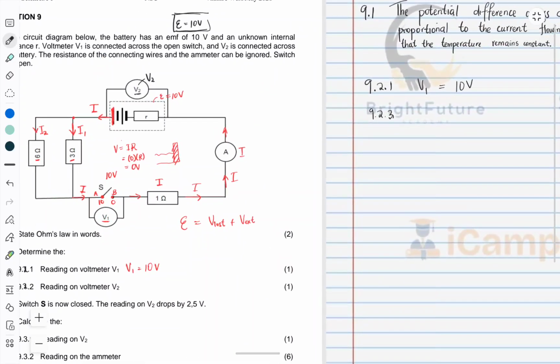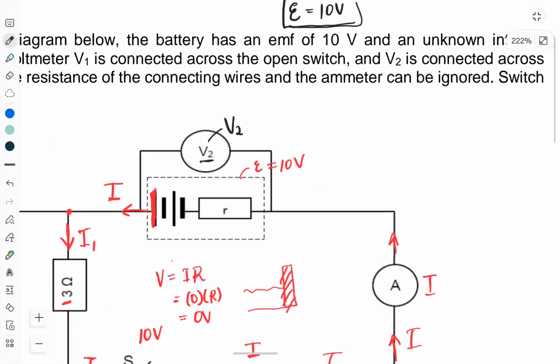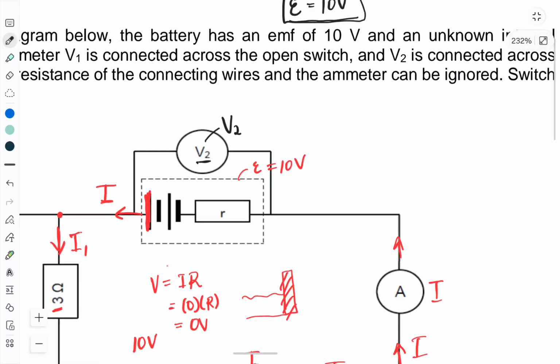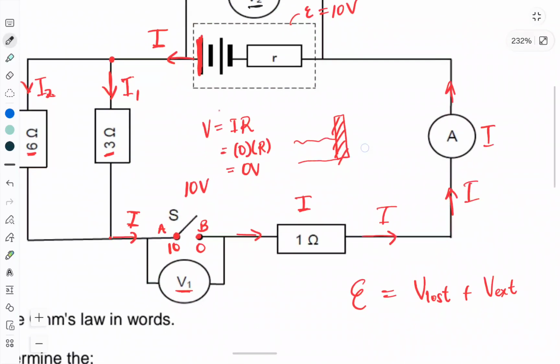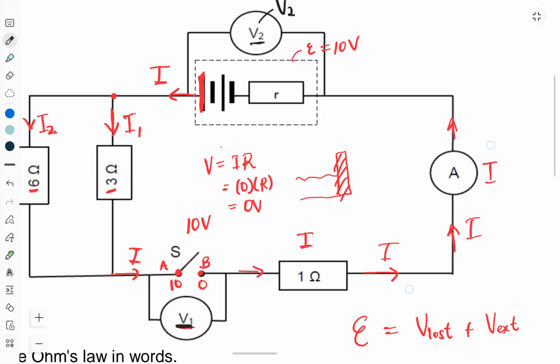So V2 tends to measure the external voltage, but since there's no current flowing, it can't really measure the external voltage accurately. So it'll still behave like V1. It'll just simply measure the EMF of the battery. Same explanation as V1.